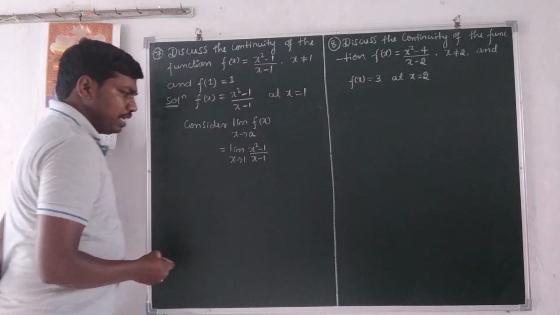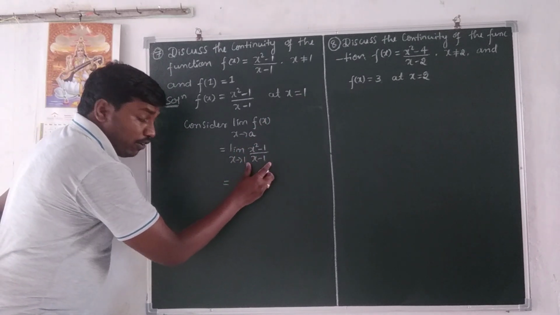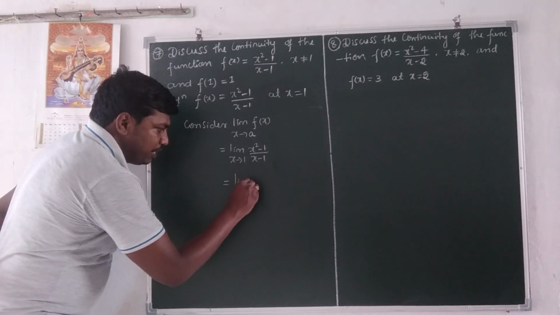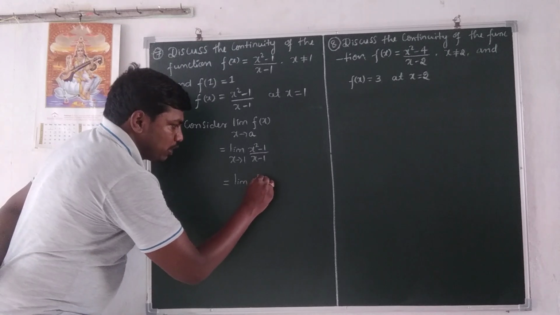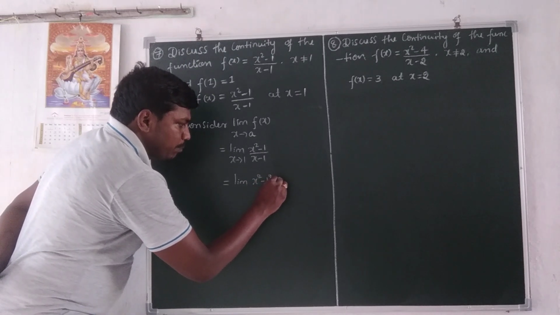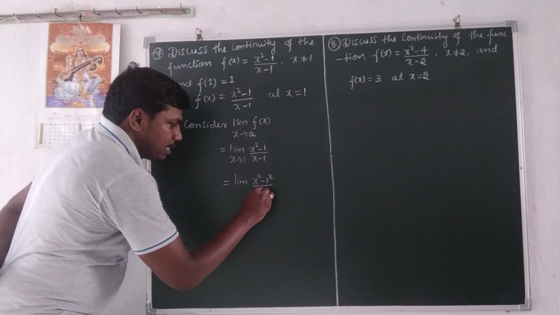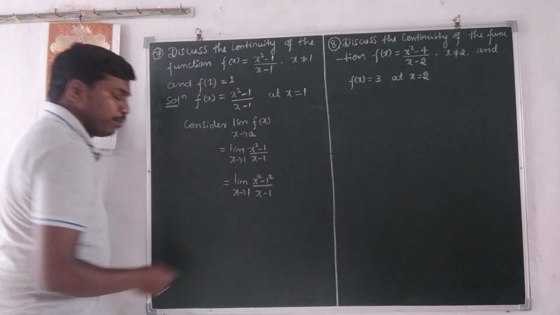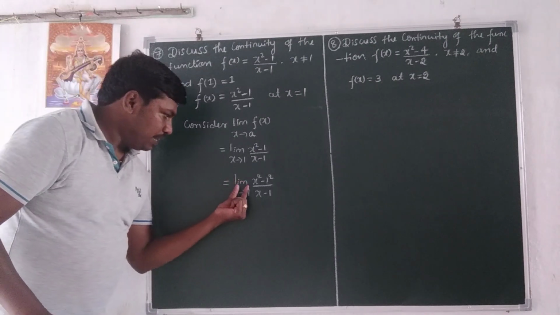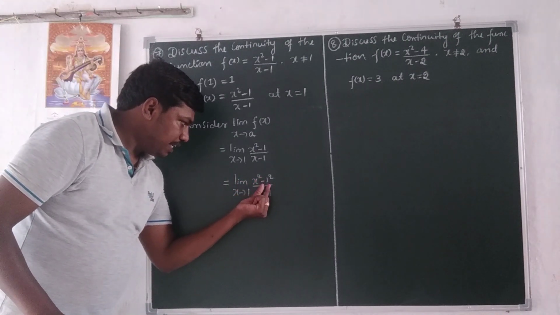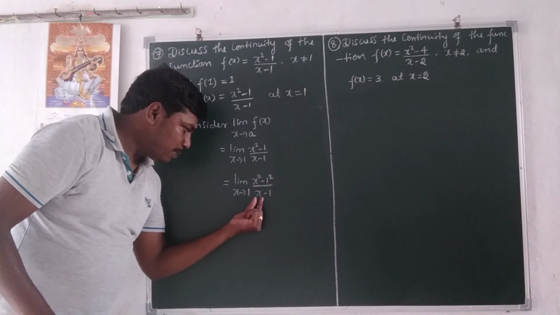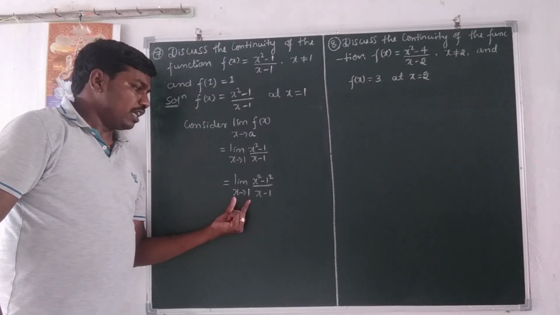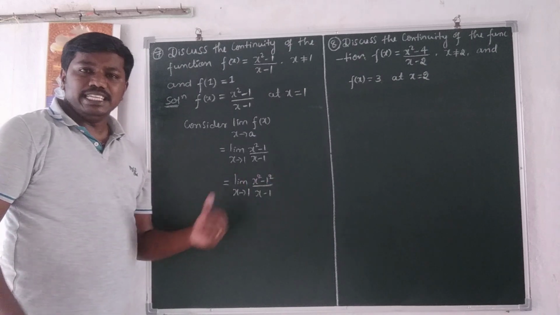Which form is the limit? It is a standard form. We can write it as x power 2 minus 1 power 2 divided by x minus 1 as x tends to 1. The standard limit is x power n minus a power n divided by x minus a as x tends to a, here a is 1, n is 2.